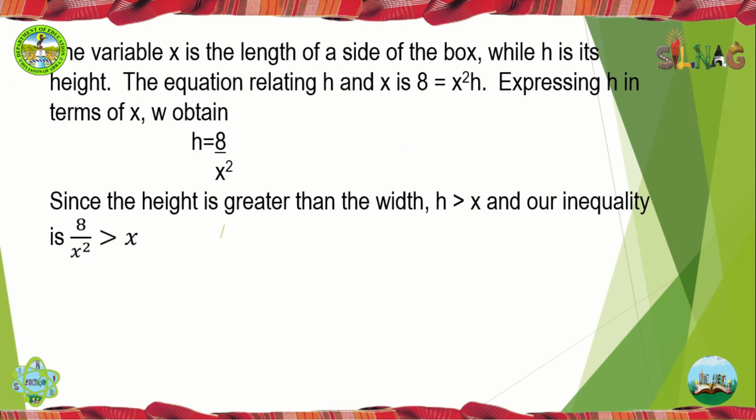The equation relating h and x is 8 is equal to x squared h, because the volume of a box is length times width times height, and the base of the box is a square. Expressing h in terms of x, we obtain h is equal to 8 over x squared. Since the height is greater than the width, h is greater than x, and our inequality will be 8 over x squared is greater than x.